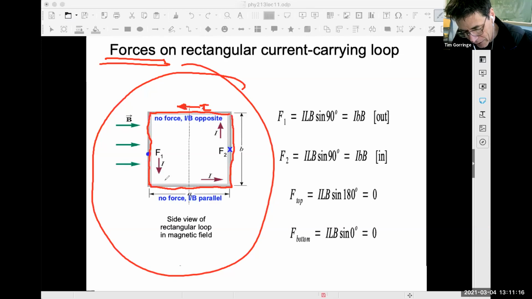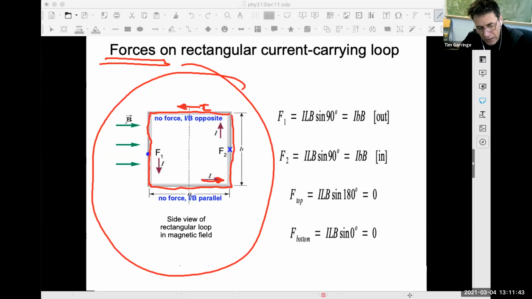It would be going left to right in the bottom arm. And then it's going upwards in the right arm. So that's the current, and we're also told the size of the loop. The dimensions of the loop are its width is A and its height is B, and it's a rectangle. So that's all the information about the loop.